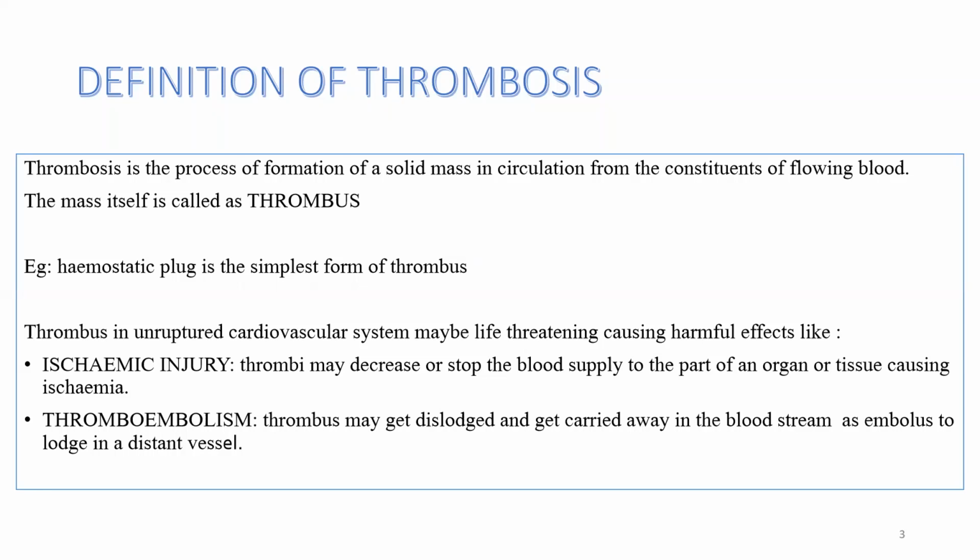In ischemic injury, the thrombi may decrease or stop the blood supply to a part of an organ or tissue, which may cause ischemia. Ischemia is usually reduced blood supply to a specific organ or tissue. So the thrombi which are formed may stop the blood supply to that part of an organ, so it is usually life-threatening.